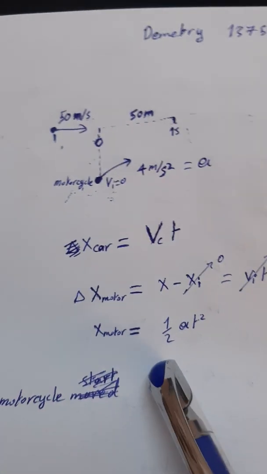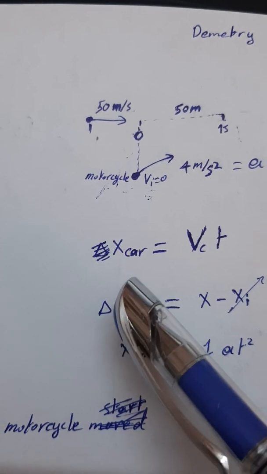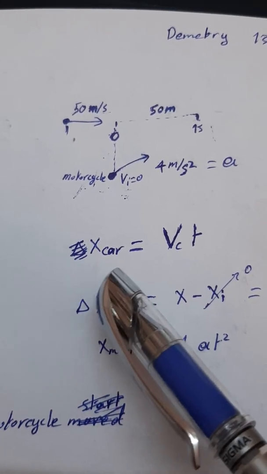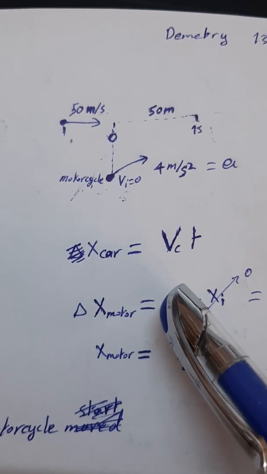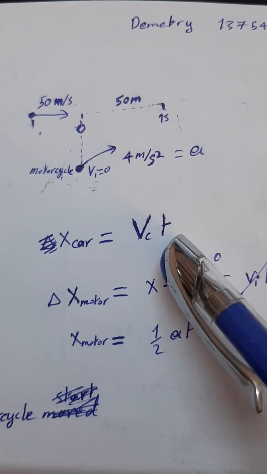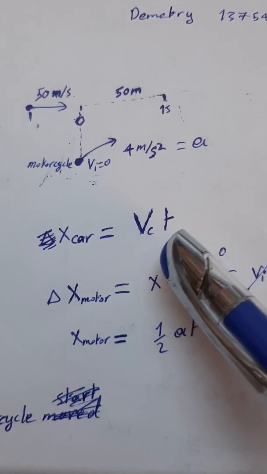Now for the displacement of the car, we can write this equation: x of the car equals the velocity of it times the period of time that we have to find.